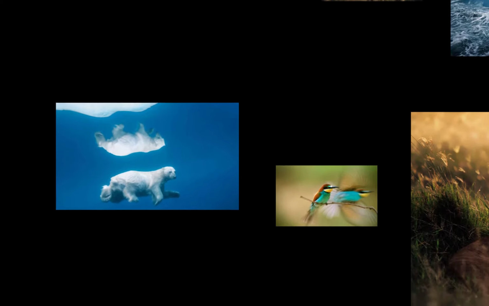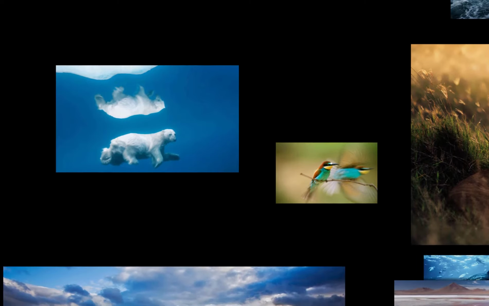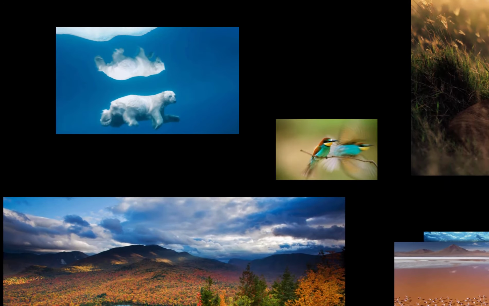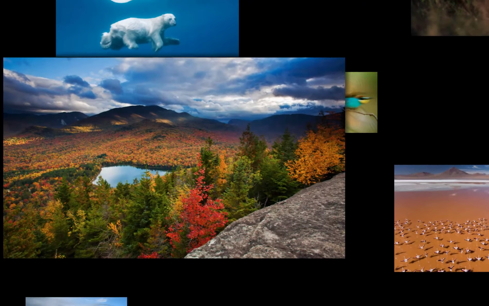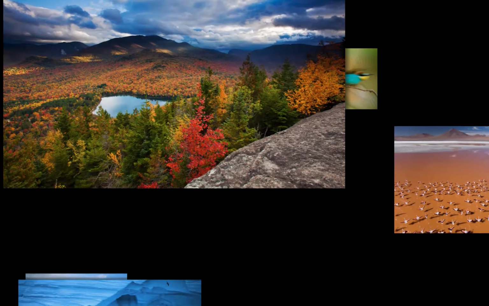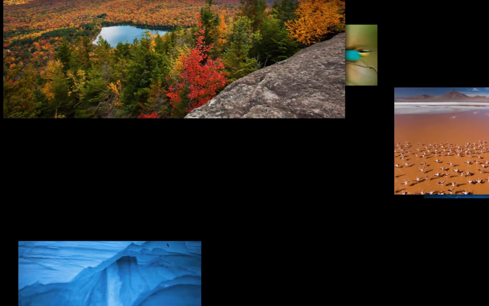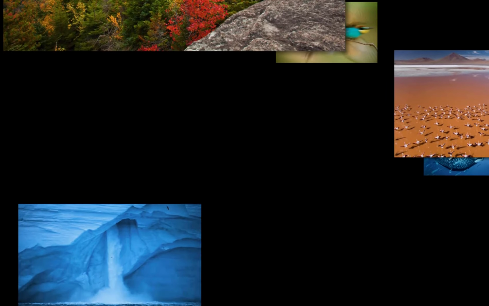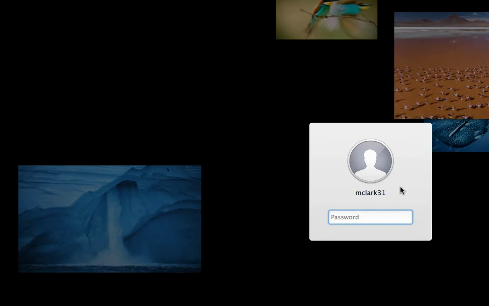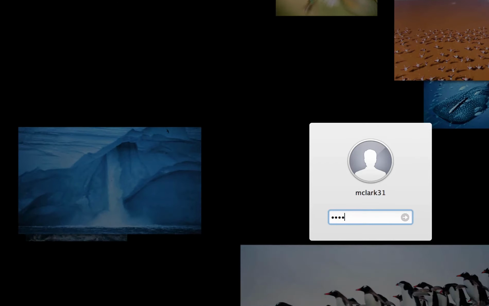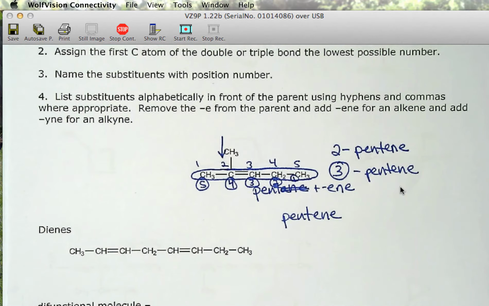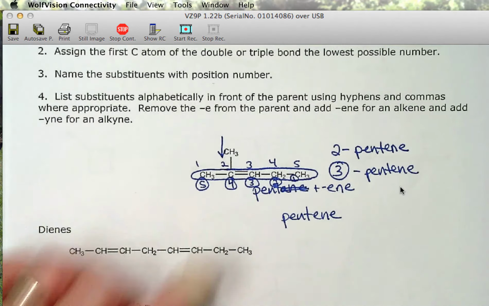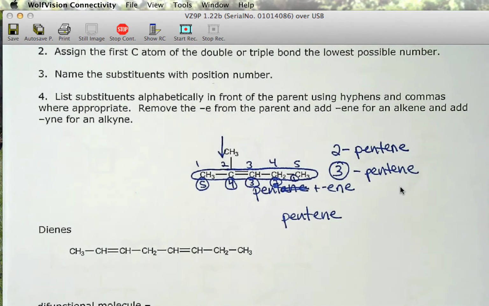pentene. The other numbering scheme, this would be 3 pentene. But that one, so you list the lowest number, or the connection between the two.